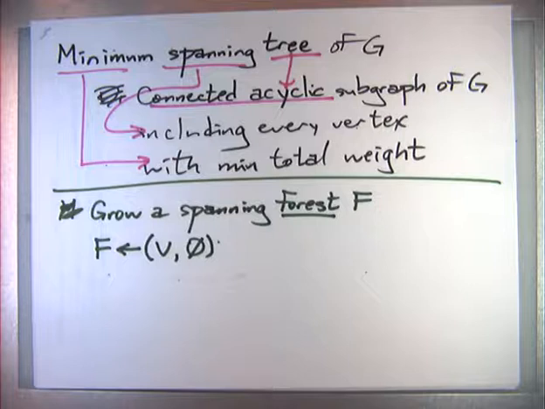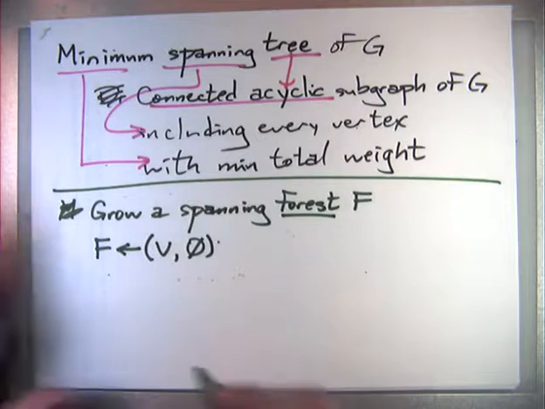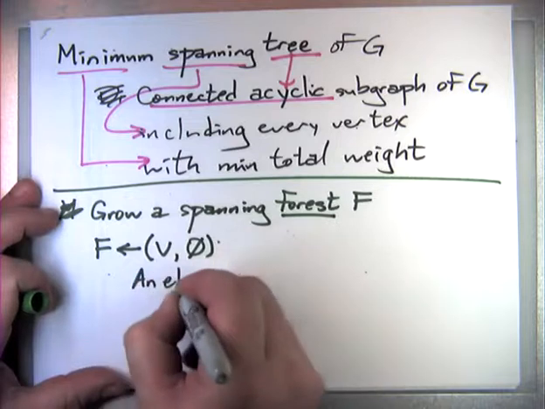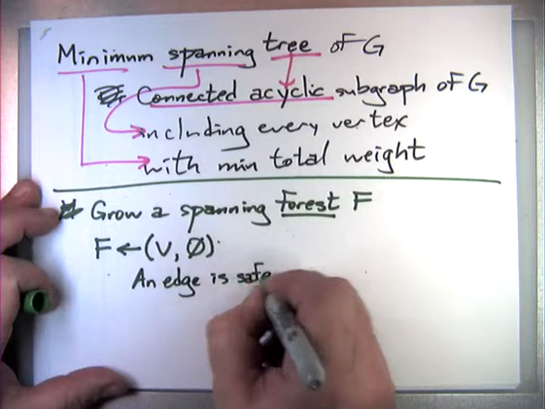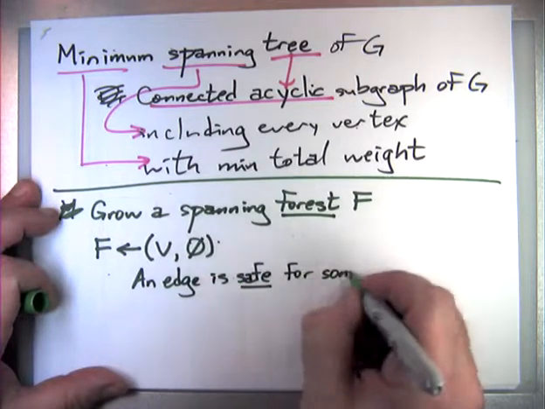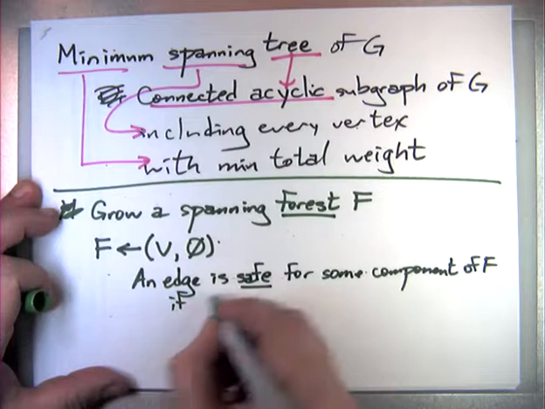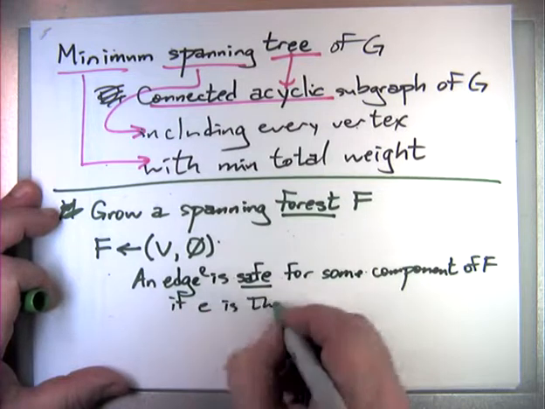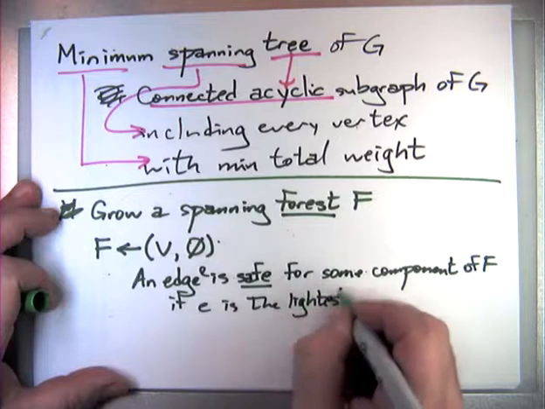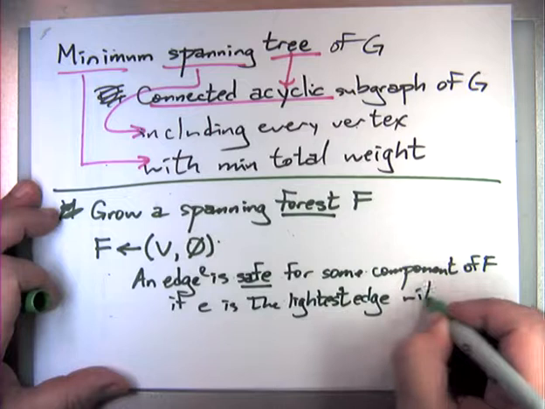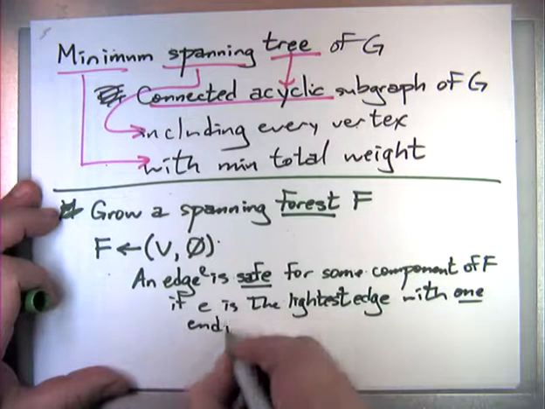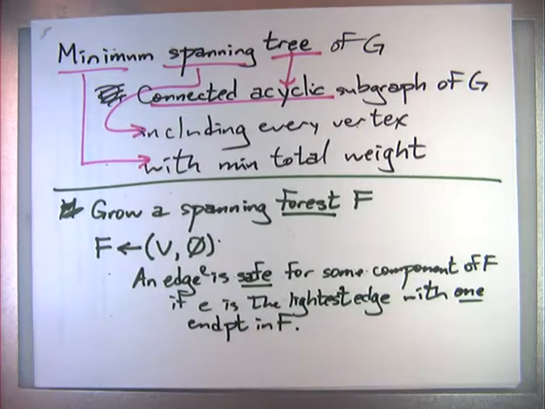Now, I'm going to say that an edge is safe for some component of F if, let's call this edge E, E is the lightest edge, meaning the edge with minimum weight, with one endpoint in that component of F. For every component of my forest, in the middle of the algorithm, there'll be some edges that have one endpoint in that component and another endpoint in a different component.